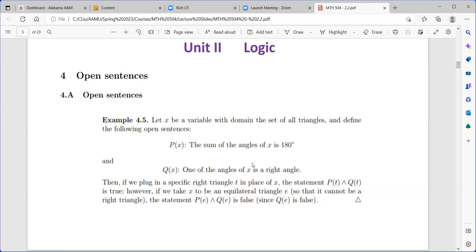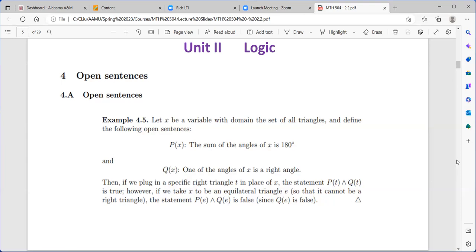We know in an equilateral triangle there's no angle with 90 degrees. So Q of E is false. Then the conjunction of P and Q of E is false.